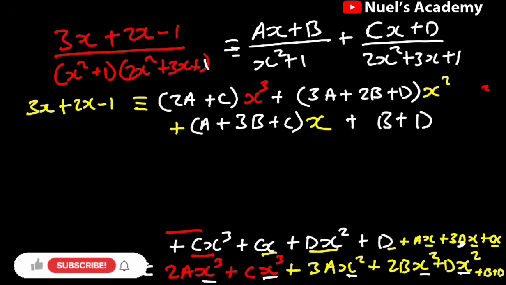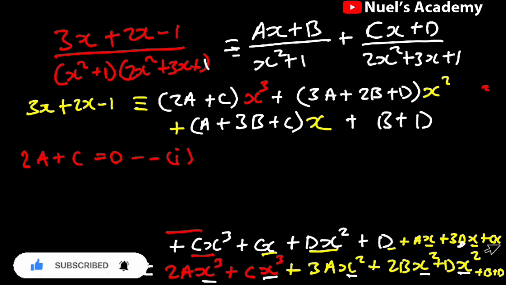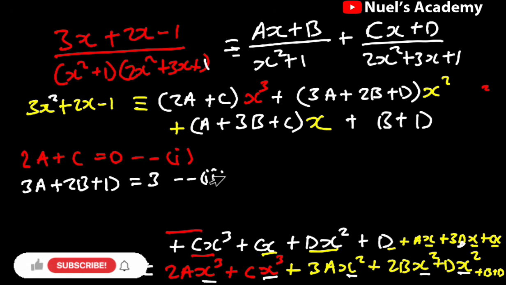Now let's equate the coefficients. So x^3 is here, we don't have x^3 on the left, so you have that 2a + c is going to be equal to 0. Let's call this equation I. And then for x^2, we have that 3a + 2b + d is equal to 3. Let's call this equation II.